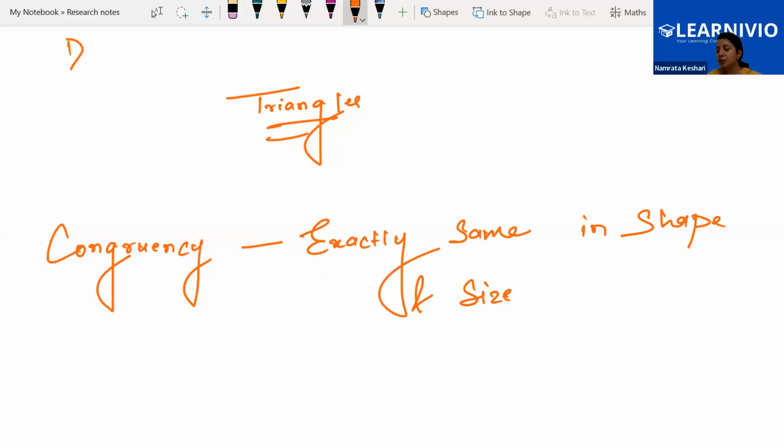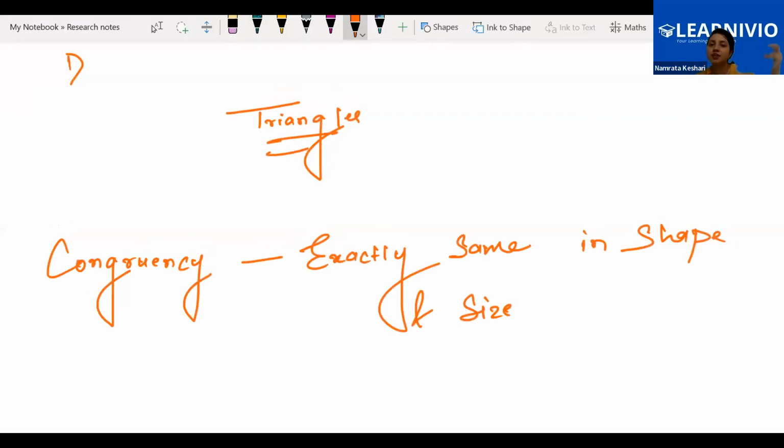For example, if I am having one page and then another page, these two are congruent figures. Why? Because this page is going to cover the other one completely. Both are exactly the same shape, and the measurement is also the same. That's the meaning of congruency: exactly the same in shape and size.